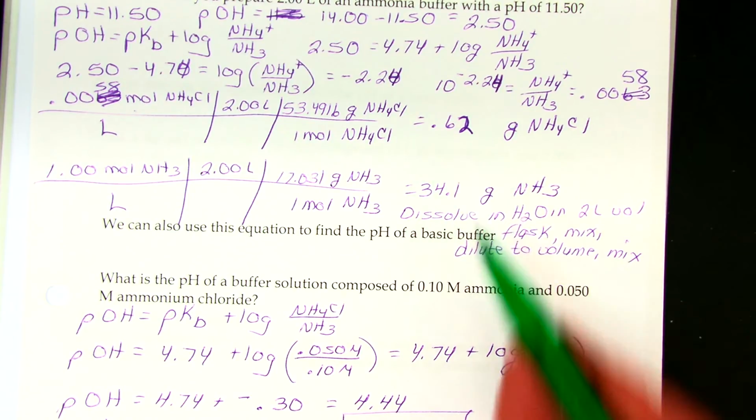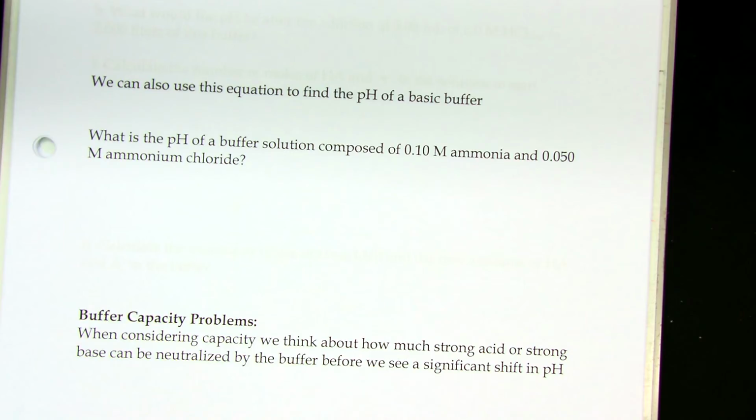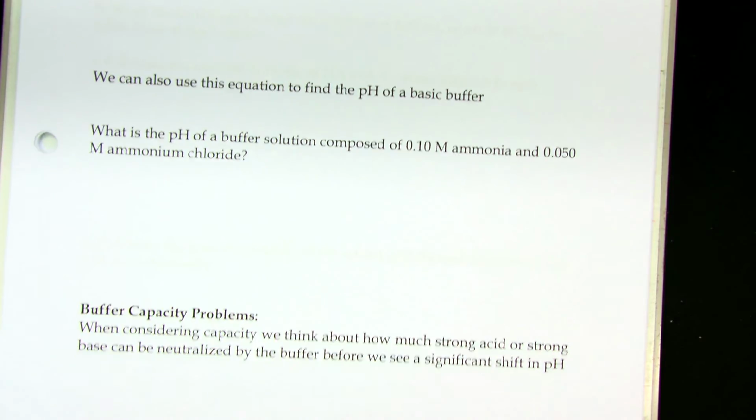No. Since the ammonium will allow you to neutralize hydroxide, you're not going to be able to put very much hydroxide in this buffer without seeing a significant shift in pH. So I use this one especially just to show you what happens when you have something different than that 1 pH unit. You start getting really weird numbers.